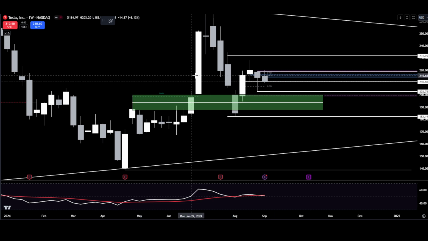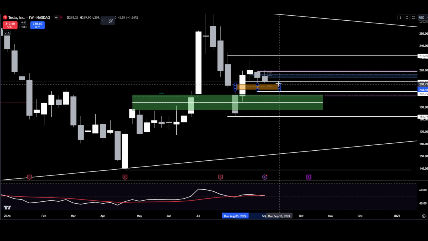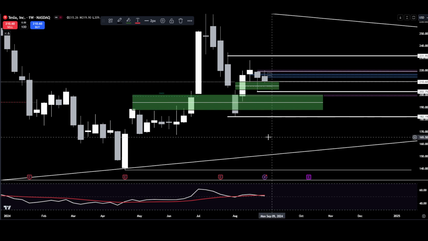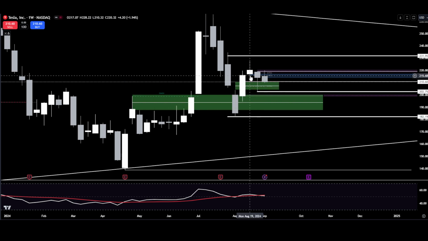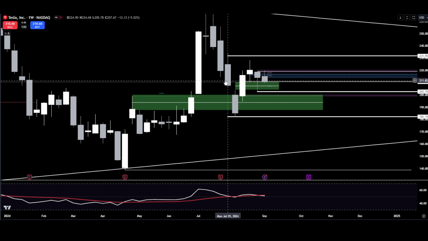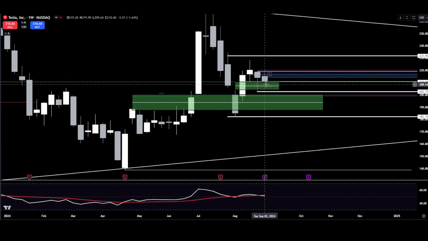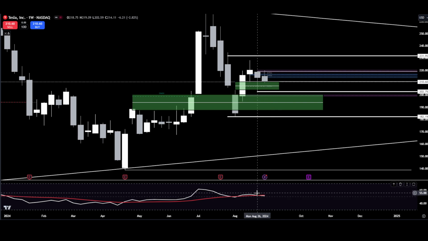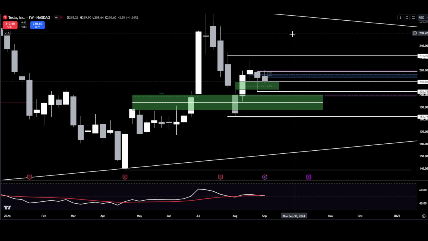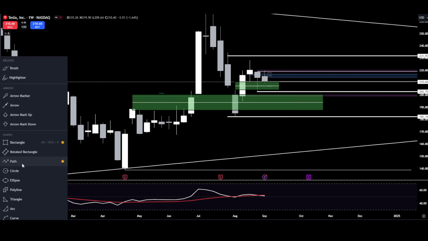But we can also see that there's a weekly fair value gap right here, and we want to really see that hold. We pushed up, closed this, inverted this fair value gap from these previous weeks. Now we're drawing back down into this weekly fair value gap. You can see we have a neutralized RSI, and what we want to see is price push off of that.